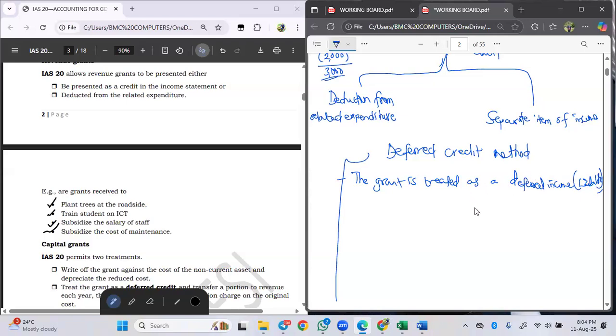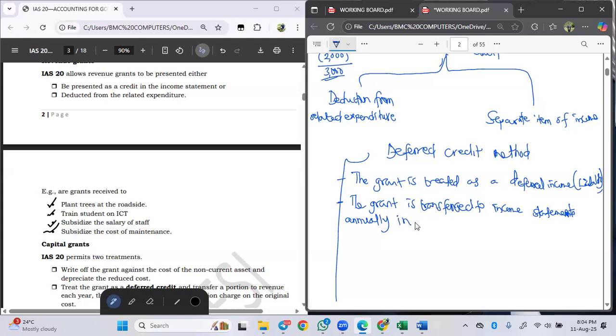And the statement of what? Financial position. Okay, so we are saying that the grant under the deferred credit method is transferred to the income statement annually. So every year you transfer that grant.